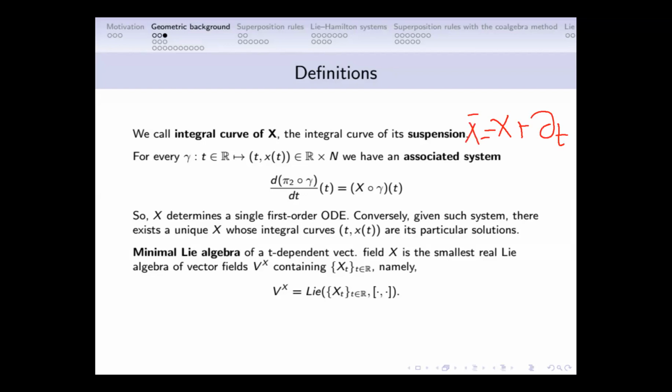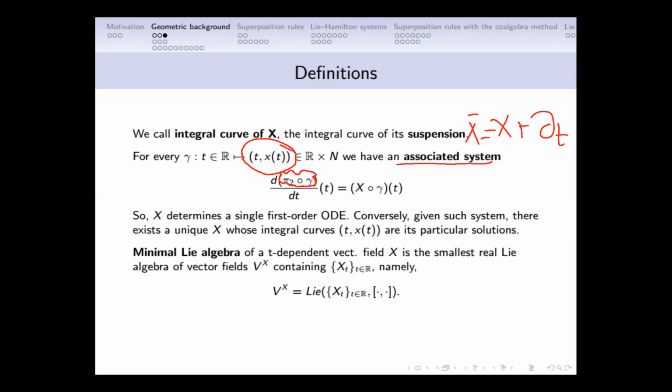So now an integral curve for this time-dependent vector field is going to be a curve that takes values here, and it's going to have, like any vector field, an associated system. As you can see here with the projection, you will have an element in n, and since you are deriving with respect to t, you will be in the tangent.